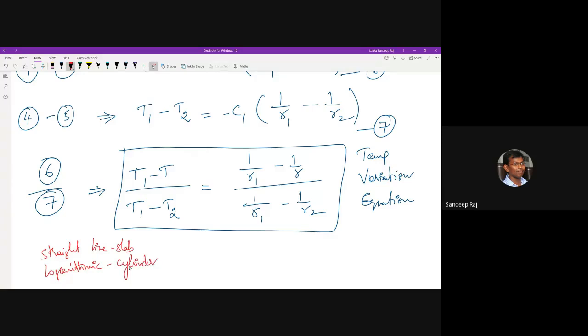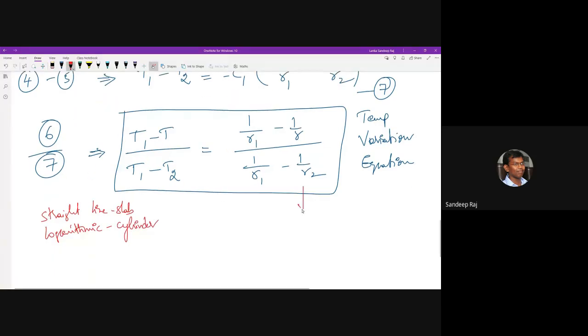Here, in this case, it is hyperbolic. In case of sphere, the temperature variation is hyperbolic.